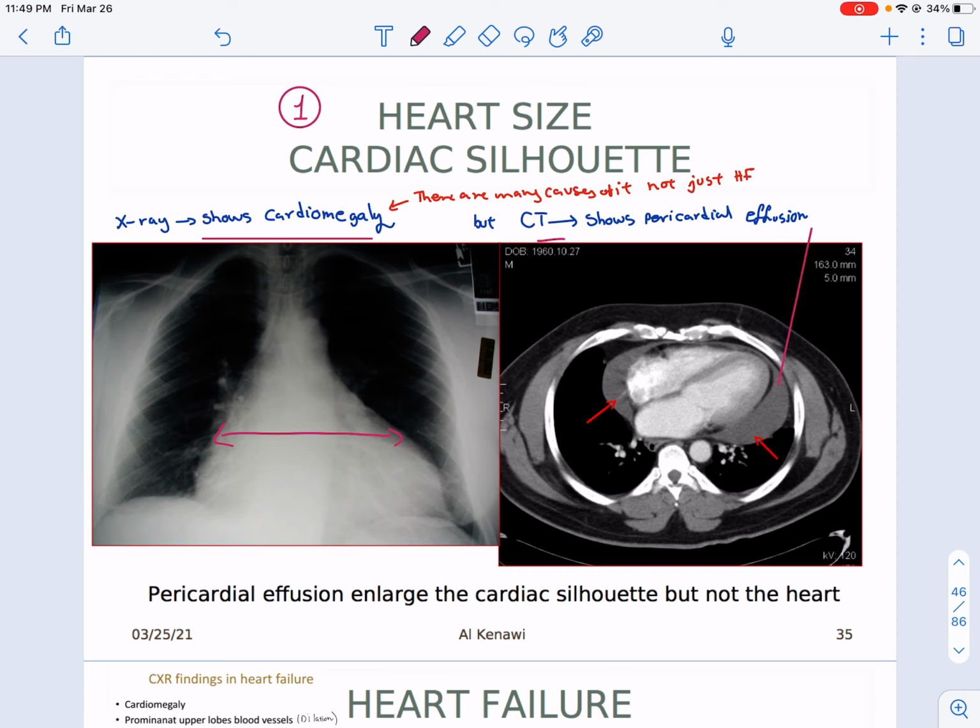This is because of pericardial effusion. تمام. So it's important to know that not all cardiomegaly is caused by heart failure. It's important to know that with chest x-ray, if we suspect another disease, it's very good to follow up with another scan also.